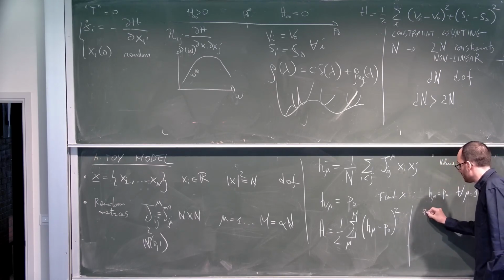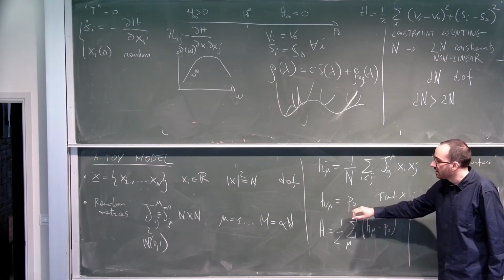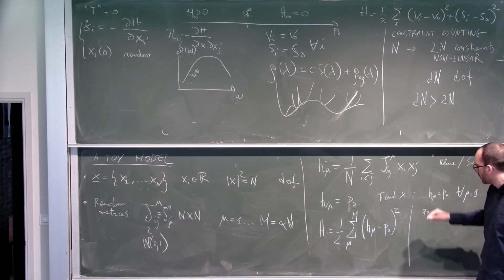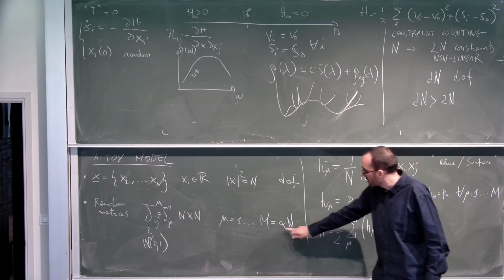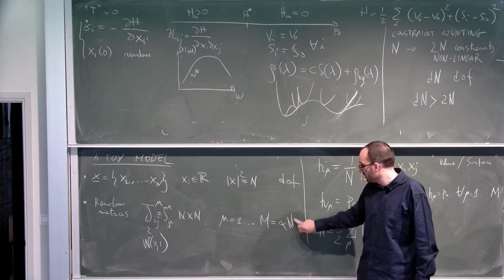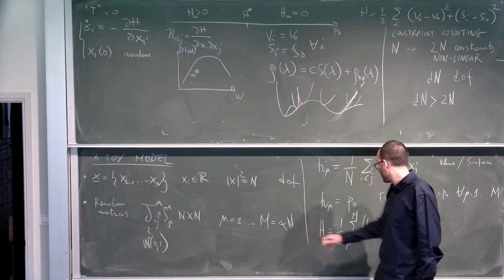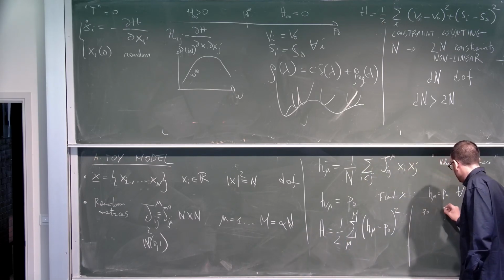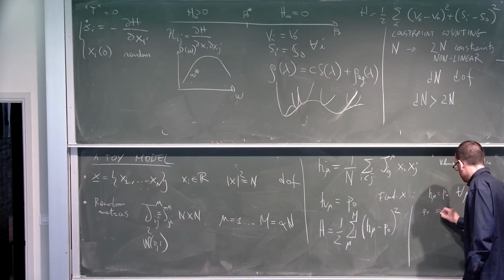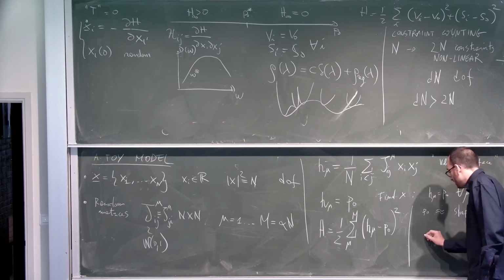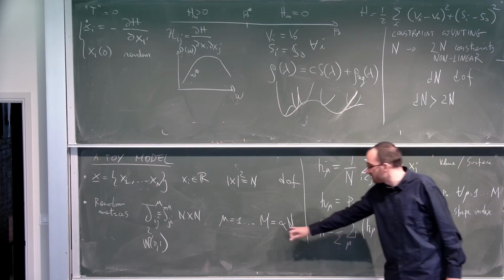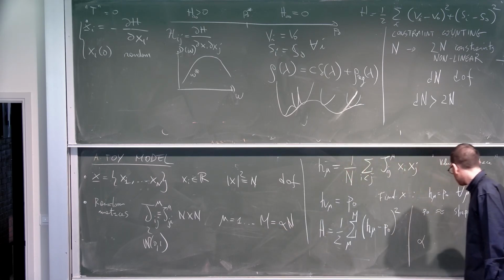I have this P0, that is the shape index. And here I just generalized the model, and I have a number of constraints that scales with the number of degrees of freedom. So I have P0, that is morally the shape index. And the other one is alpha, the density of constraints.